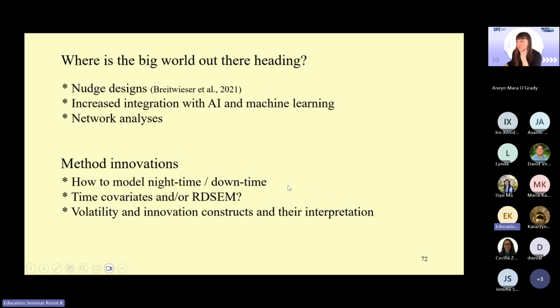Some suggest that there's a different process during daytime from one lesson to another, and the process that happens overnight is another. So you need to model these as different parameters in the model. So these are coming up. Do we use time covariance or residual DSEM models? And then we have models of volatility and innovation constructs and their interpretation.